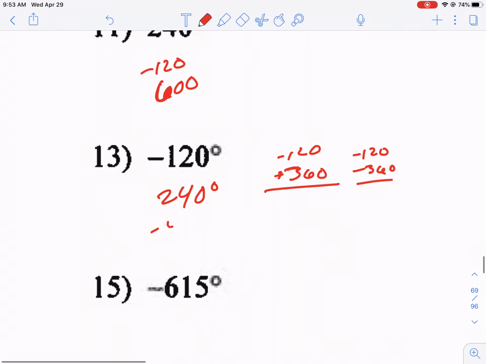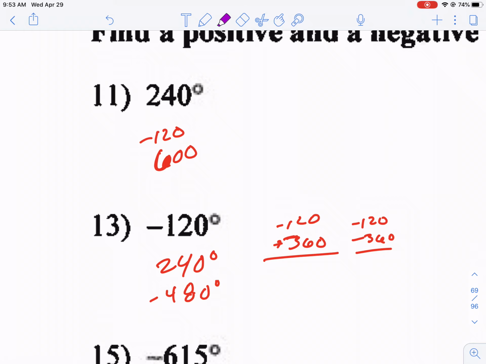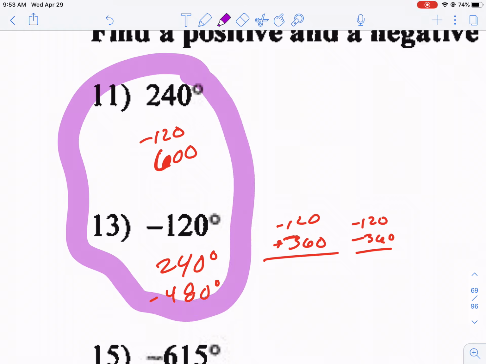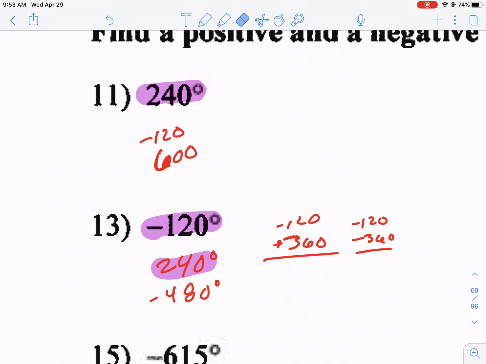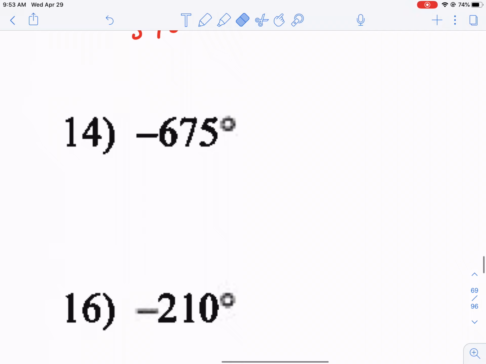And we end up with negative 480 degrees. I want you to take a look at 11 and 13. They're really the same problem, because we already established that 240 and negative 120 were coterminal. We've also added 600 and negative 480 to the list, so all of those angles now are coterminal.